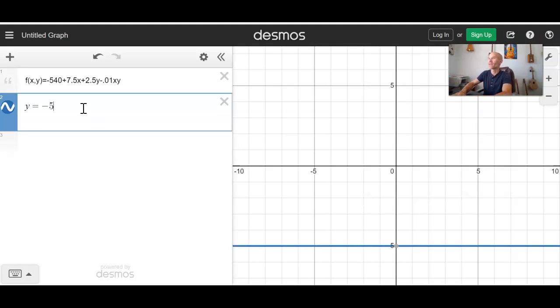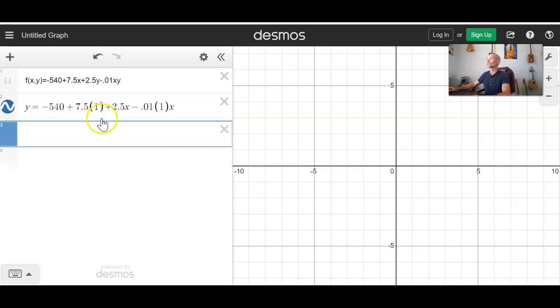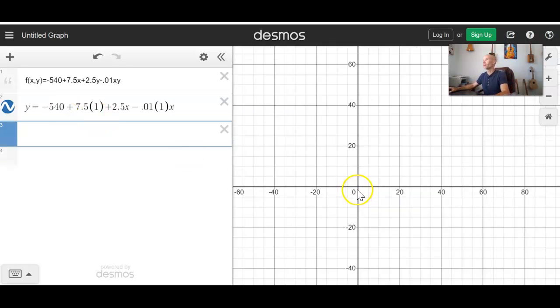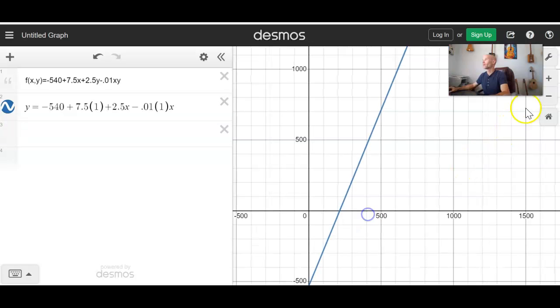I'm going to type in negative 540 plus 7.5 times 1 plus 2.5, and for y, I'm going to use x, because I want that on my horizontal axis, minus 0.01 times x times y. I know that seems strange to do, but let's zoom out and see what graph we get.